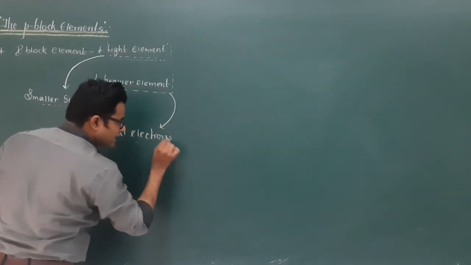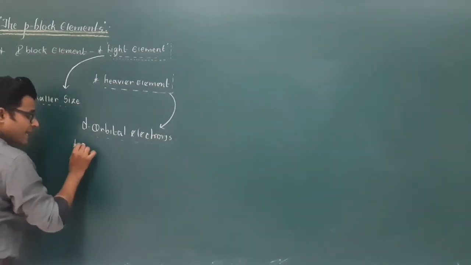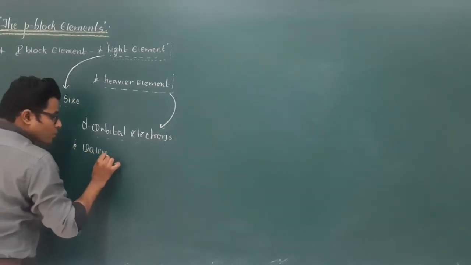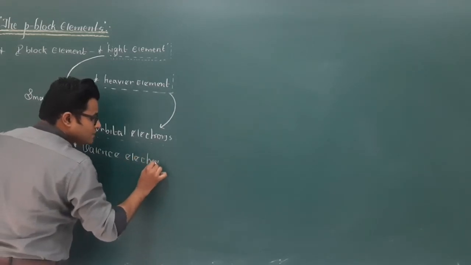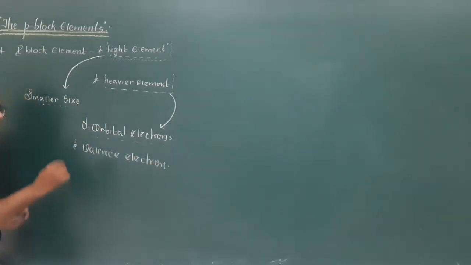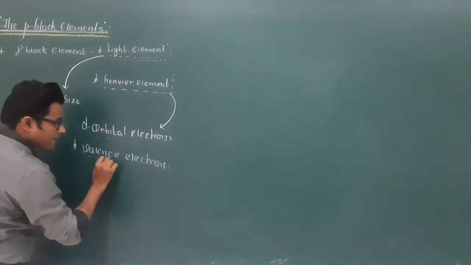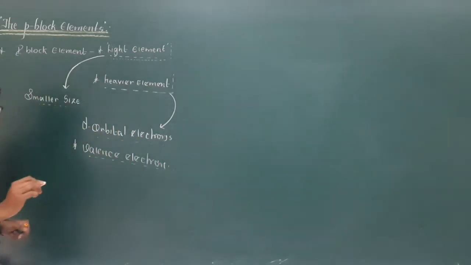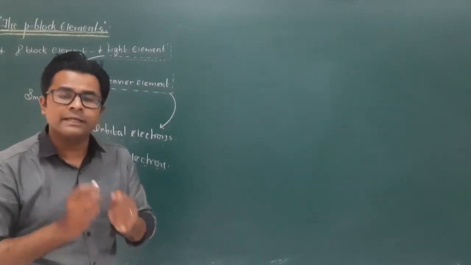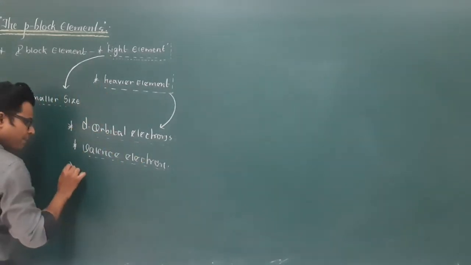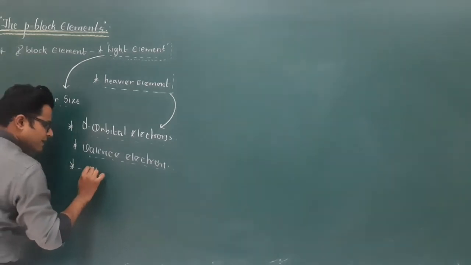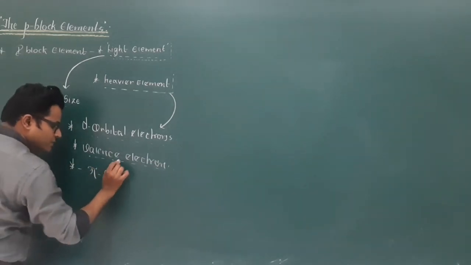These d orbital electrons are being used as valence electrons. Whenever they are used as valence electrons, it has a direct effect on the nature of bonding. Due to this, the bonds that are formed are pi bonds.